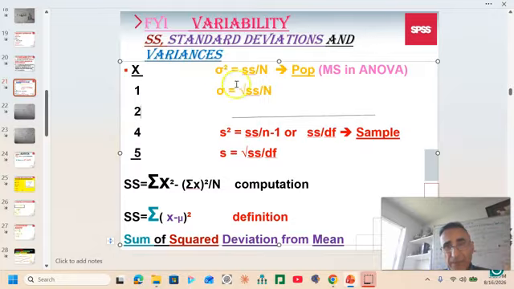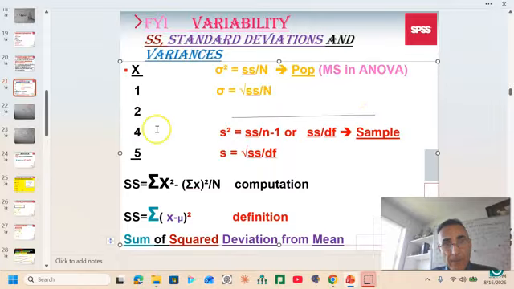But for descriptive, we use that symbol, whether sigma squared or at the bottom for sample, S squared. But in ANOVA, which is analysis of variance, the variance has a new symbol, and that is MS, mean square. And what is mean square? We're going to show you in a second.